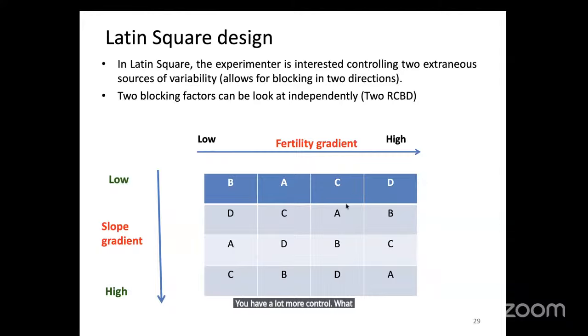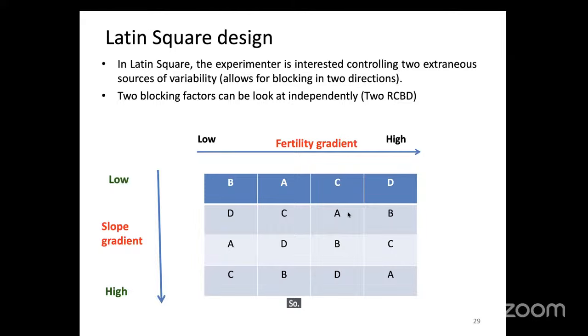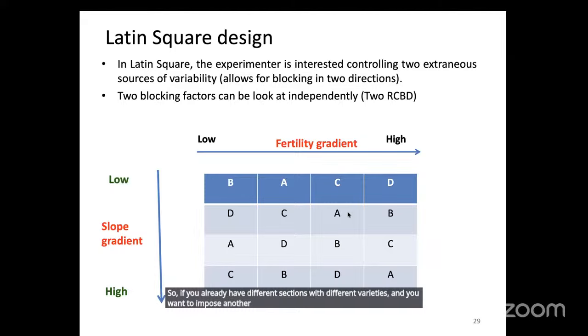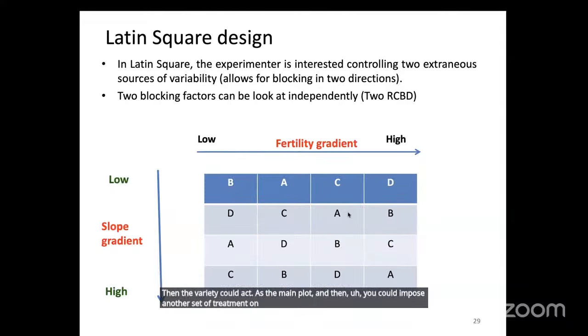What you could do in this particular case, if you have a field with different varieties of citrus, is some kind of splitting. If you already have different sections with different varieties and you want to impose another treatment, then the variety could act as the main plot, and then you could impose another set of treatments on the main plot by dividing it into subplots, and that will constitute what we call a split plot experiment design.